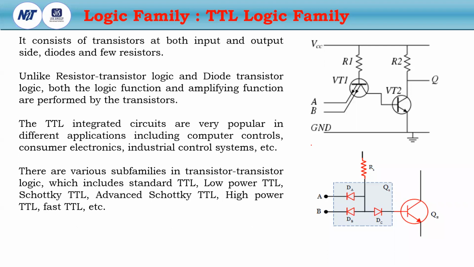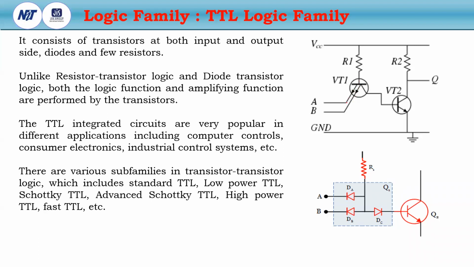The difference is that here the input transistor has two emitters. This is called the two emitter transistor, and this transistor is configured like this. This is the base emitter junction, and this is also a base emitter junction.